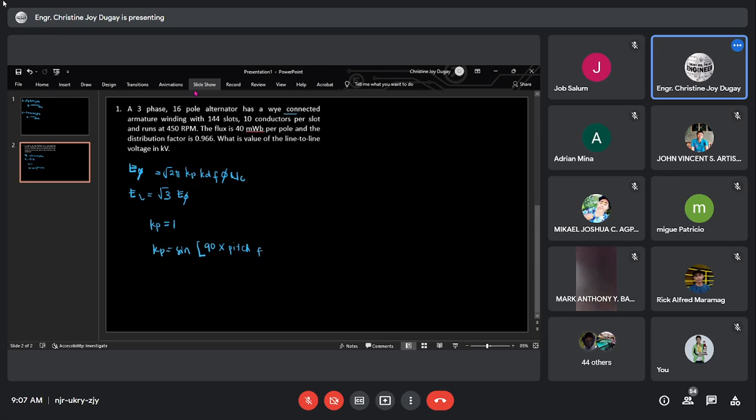Or we can also get Kp as the sine of the full pitch, per slot, and considering it is a full pitch, it will be 180 divided by 2, which is equal to sine of 90.